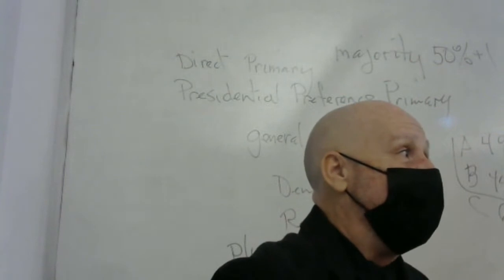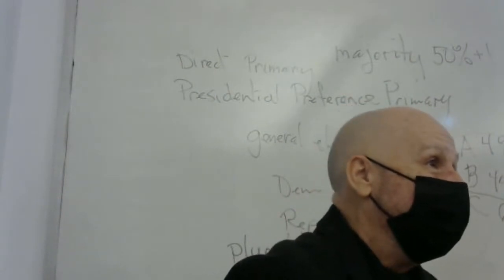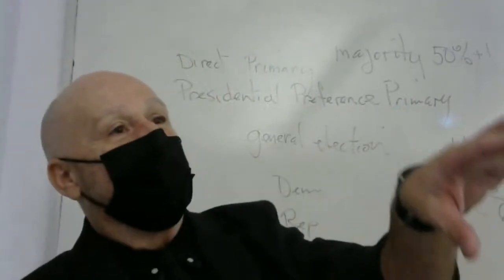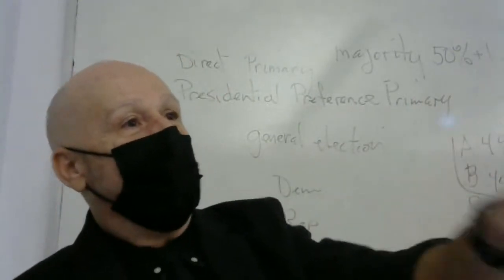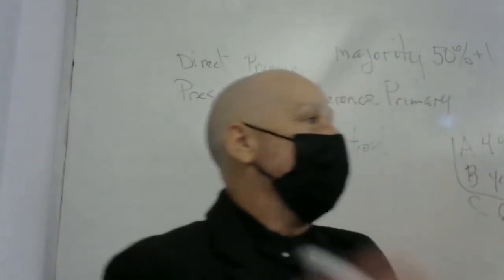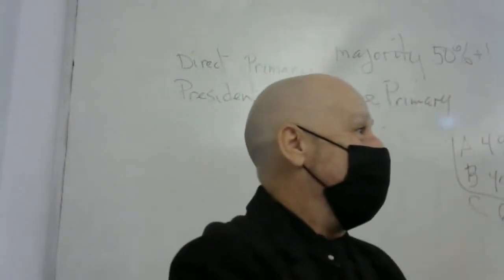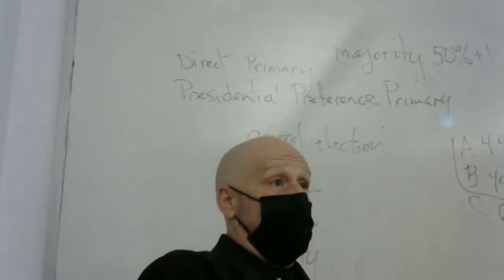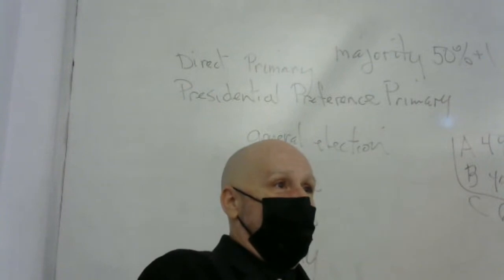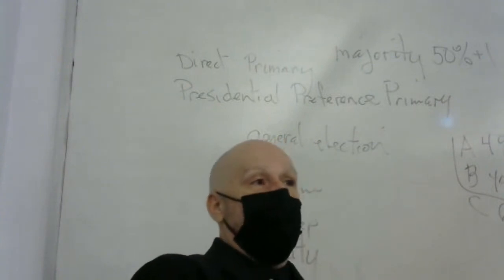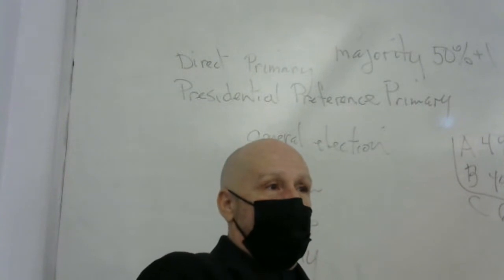And then when the Democrats hold their national convention in the summer of 2020, those pledged delegates from Texas cast their votes for Joe Biden. And then when Joe Biden gets the required majority, he's the official nominee of the Democratic Party. So it's not a direct process, it's an indirect process, right? We're actually voting for delegates rather than the candidate himself.